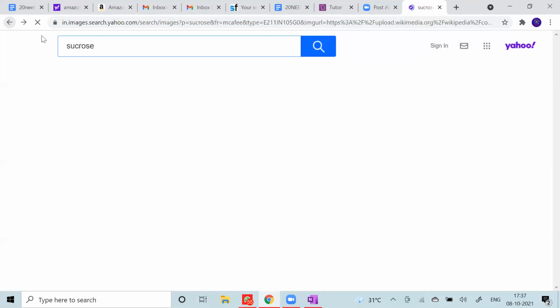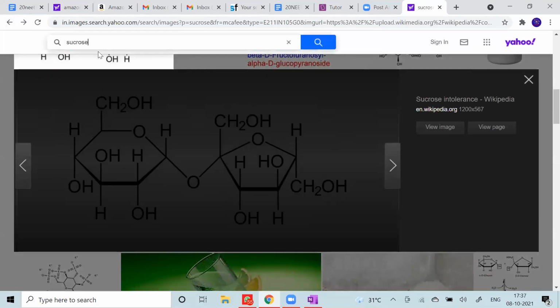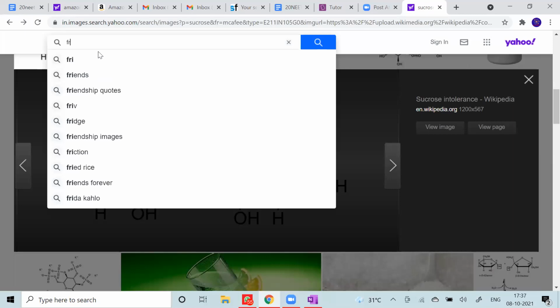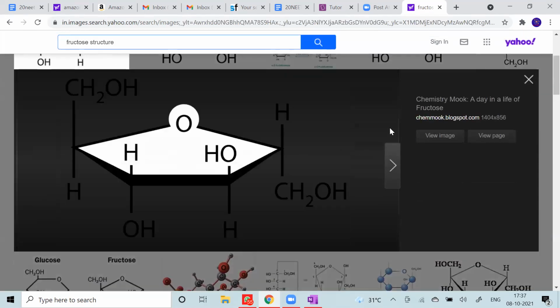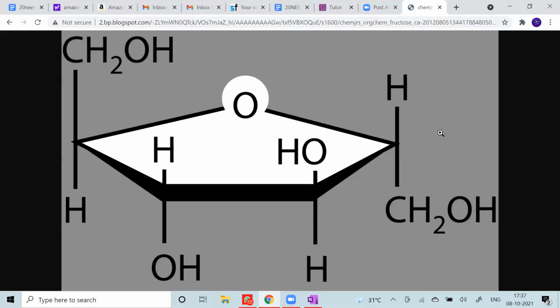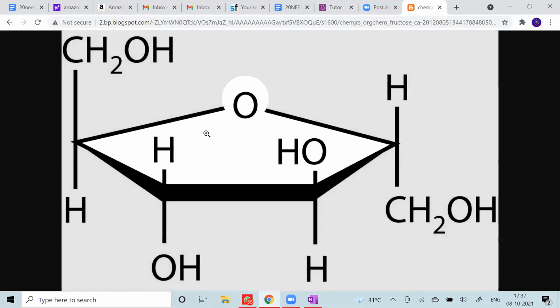Now if I check for fructose, you wanted to see fructose. This is a better structure. Now view image. Now if you look at this, fine, I'll take this carbon or this carbon because that is only having OR.